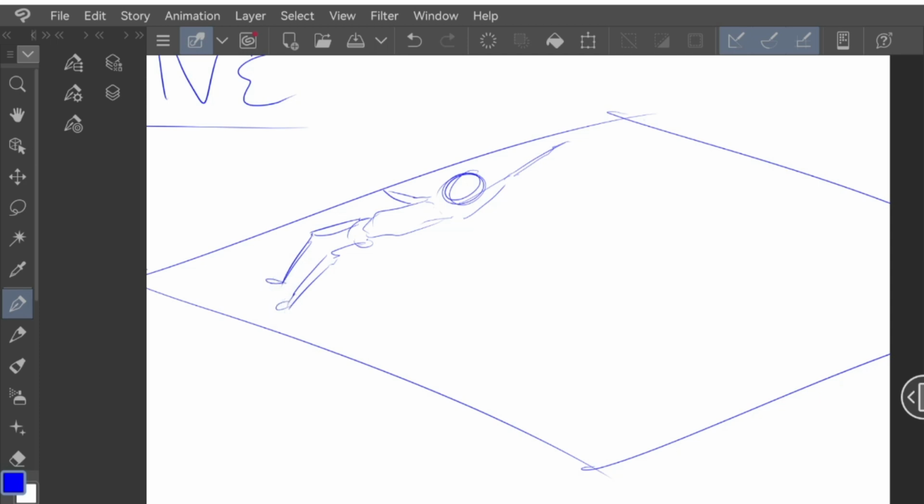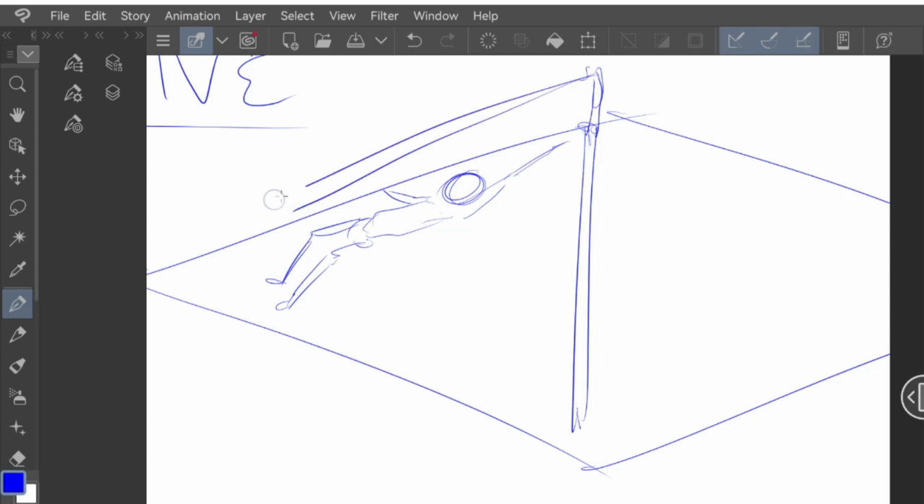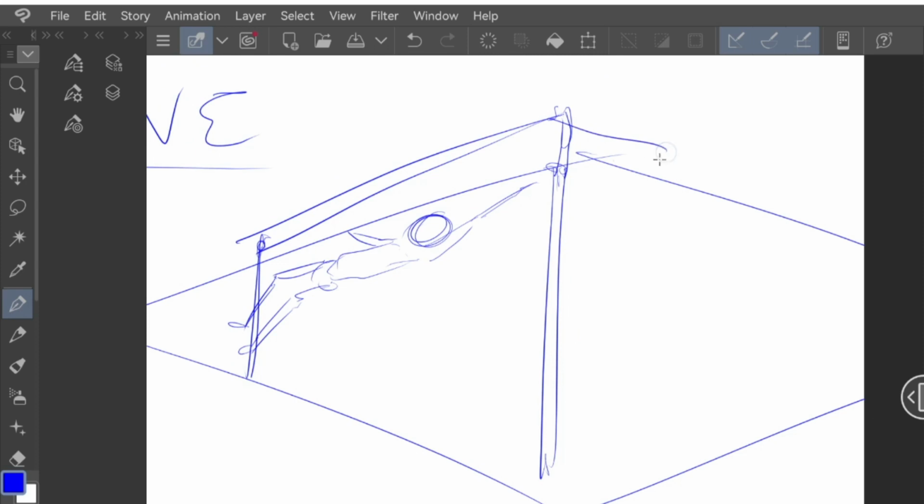For those of you who watch football or soccer, if you're from America, you definitely know what I'm drawing here. Yes, I'm drawing a goalkeeper, and then there's the goal here, and the ball just went straight into goal.